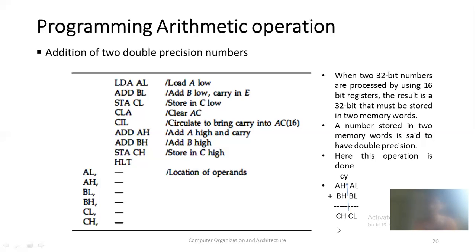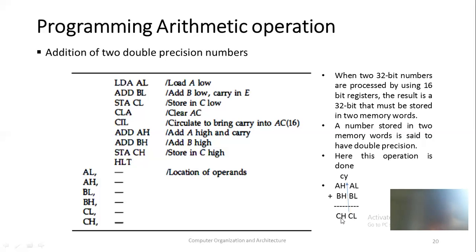You have used a processor and registers of 8 bits, and here you are processing 16 bits. That is also double precision. Your register is of 8 bits, and you are processing data of 16 bits. Your result is going to be stored at two memory locations, that is CH and CL.